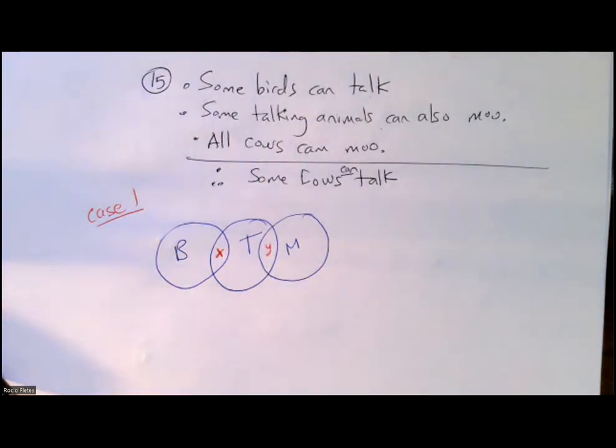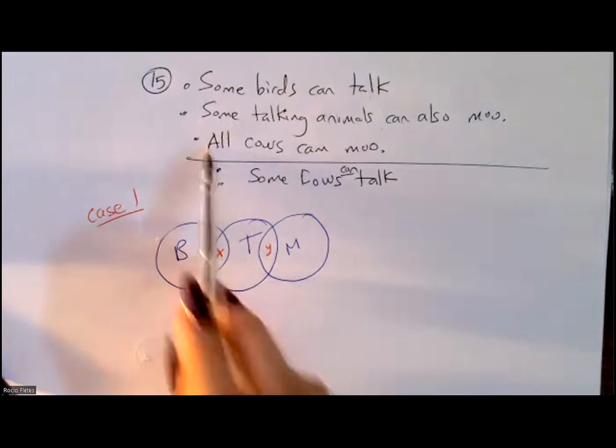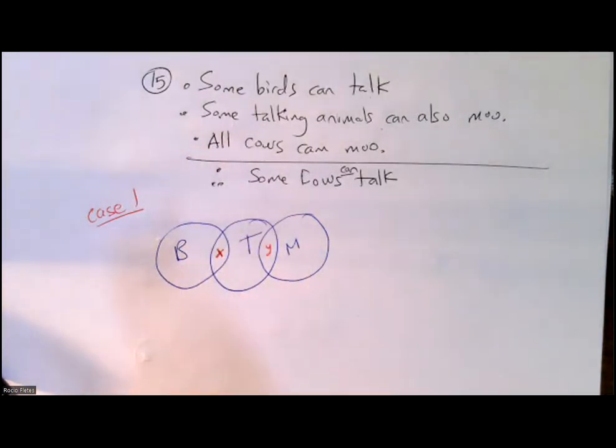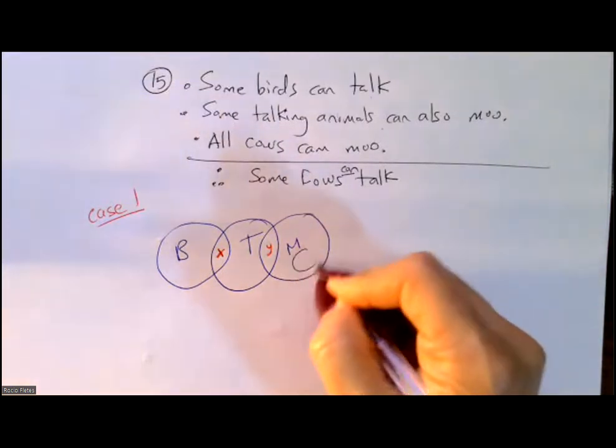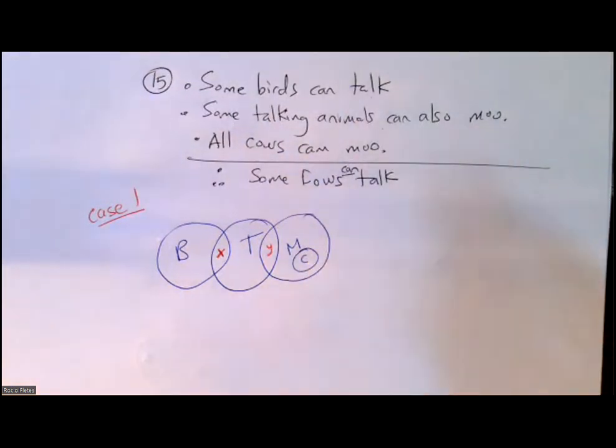So it's X and then here for Y. And this is one possibility, right? And then the next premise is all cows can move. So you want to put the whole cow set inside the move set, like that, right? Okay, this is one case.